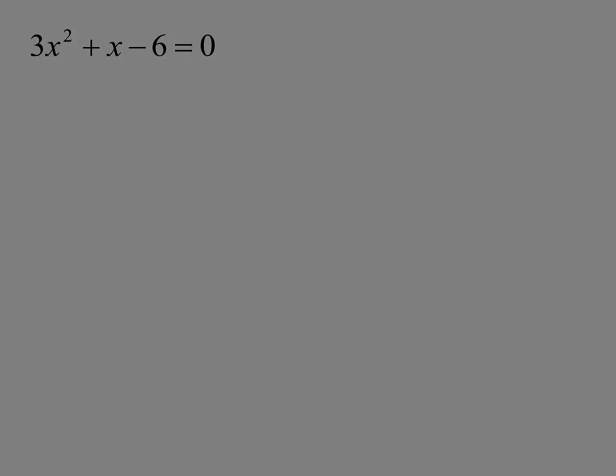Alright, let's look at our first example. It's important to make sure if we're using the quadratic formula that everything is on one side. So in this case, my a value is 3, my b is an understood 1 in front of that x, so my b is 1, and then my c value is negative 6.